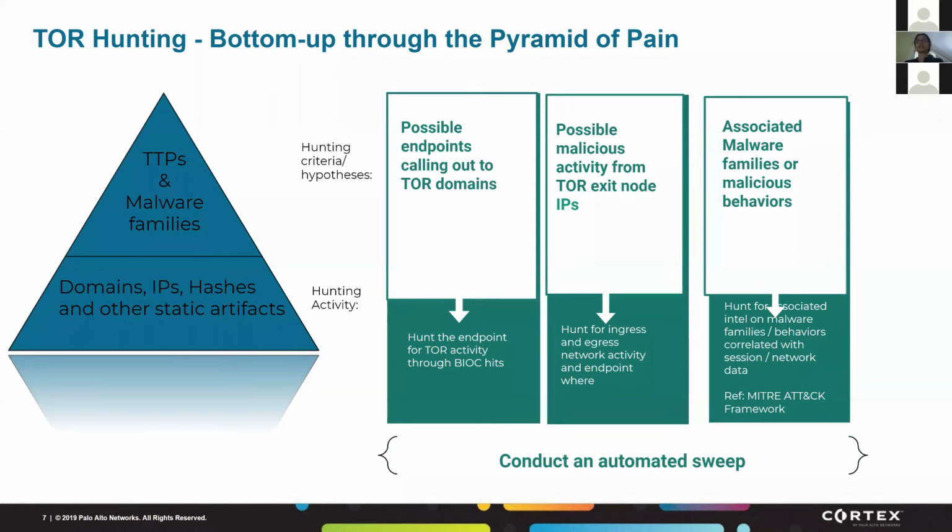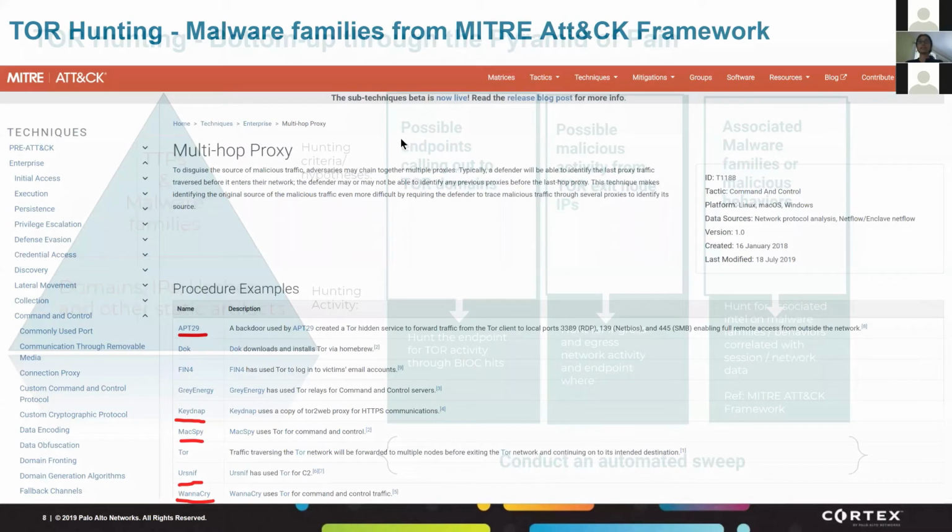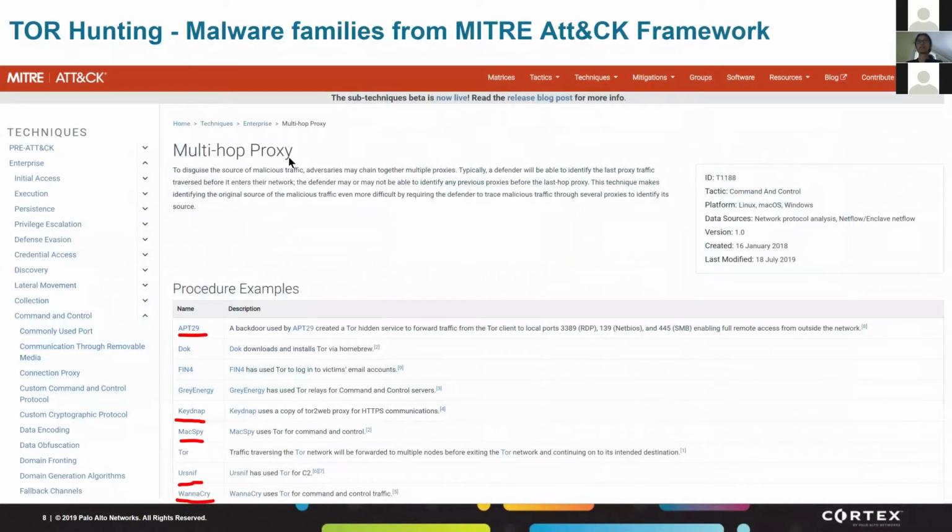This is the one technique we are going to focus more on. It's called the MultiHop Proxy, and the technique ID is actually T1188 on the MITRE ATT&CK framework. So if you go into the MITRE ATT&CK website, you'll be able to see that this particular technique deals with the use of Tor for attacks.